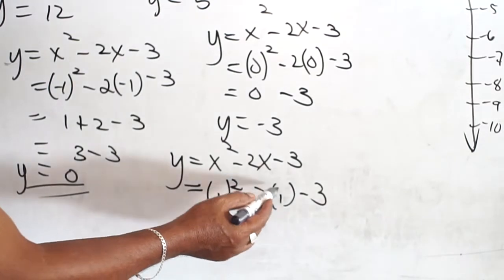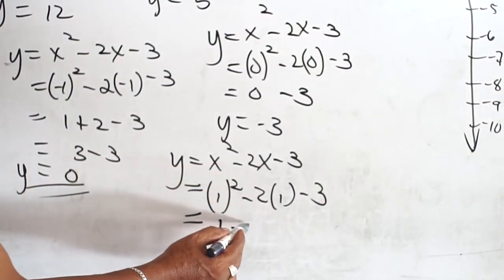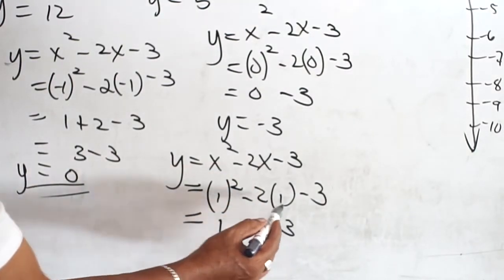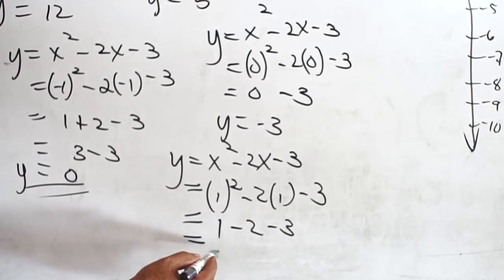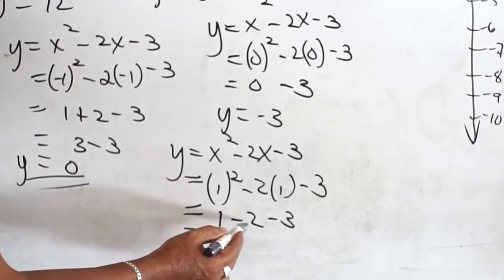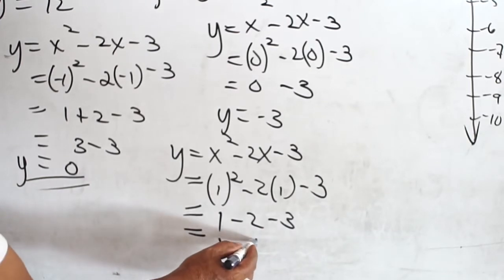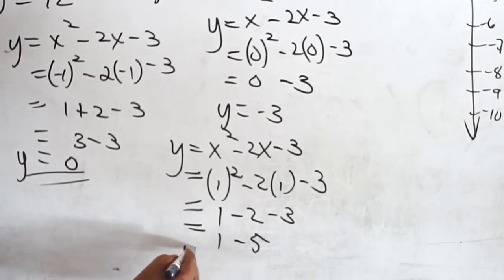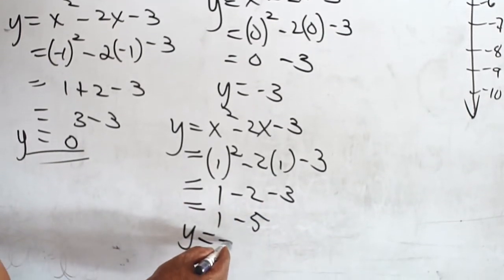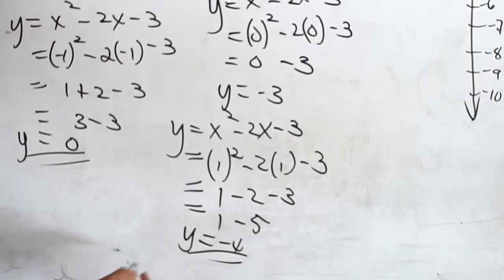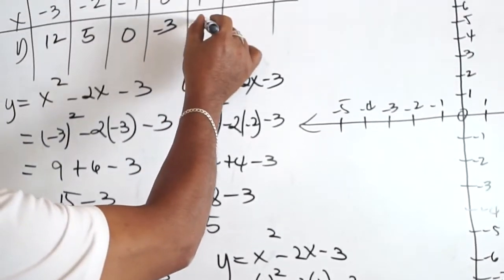Then positive 1 multiplied by negative 2 is negative 2. Then we have negative 3. So 1, plus negative 2, plus negative 3, the result is negative 4. So we have negative 4.